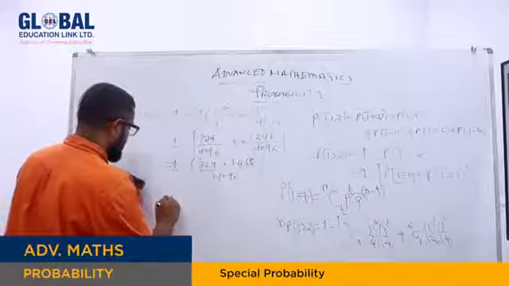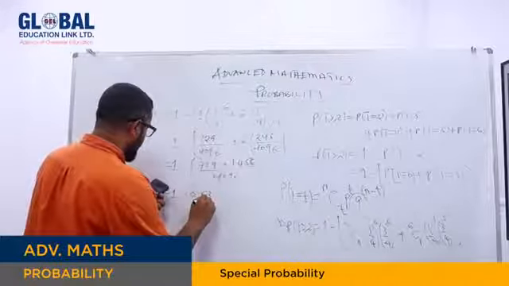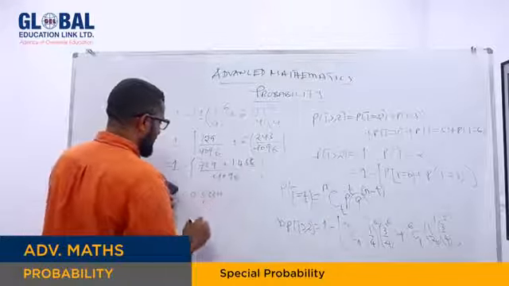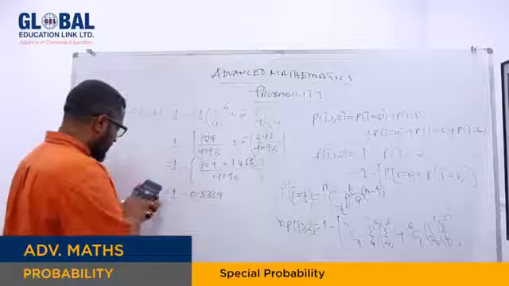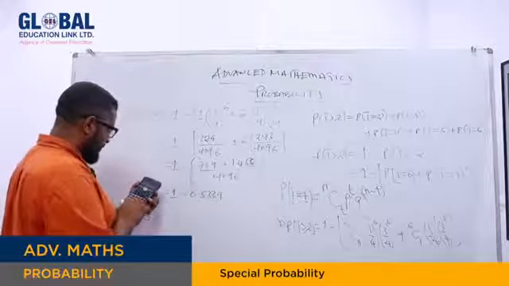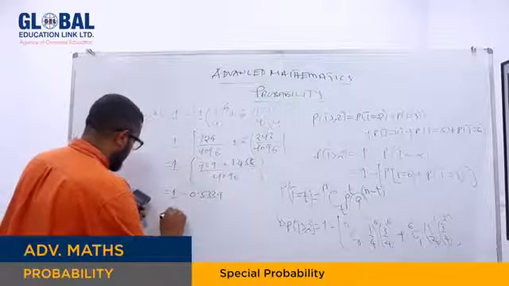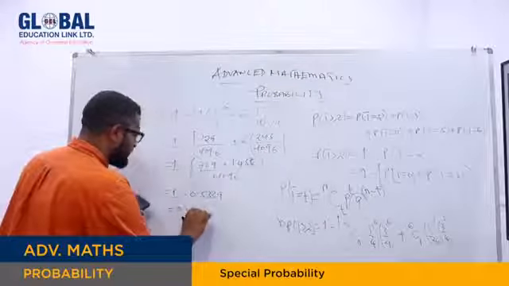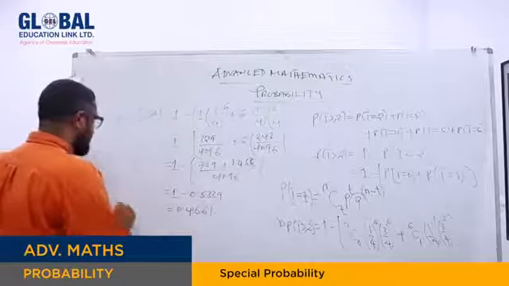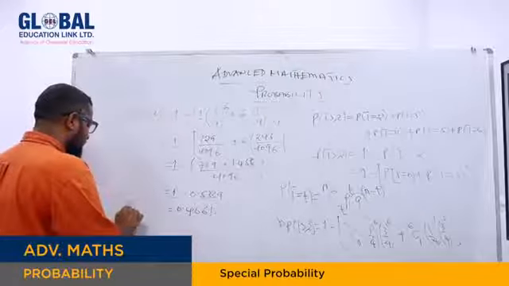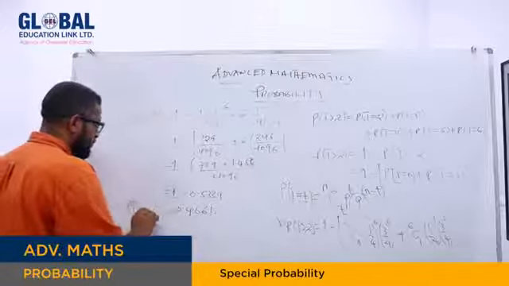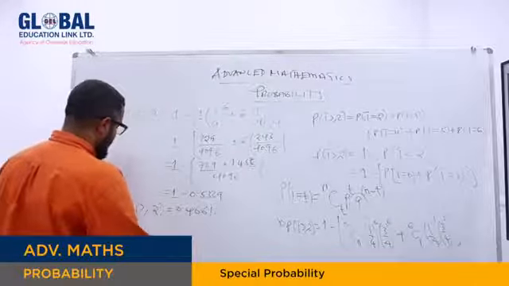So you have 1 minus 0.5339. Lastly, when you take 1 minus 0.5339, the last solution is 0.461. So that is the probability of getting at least 2 tails, my dear student.